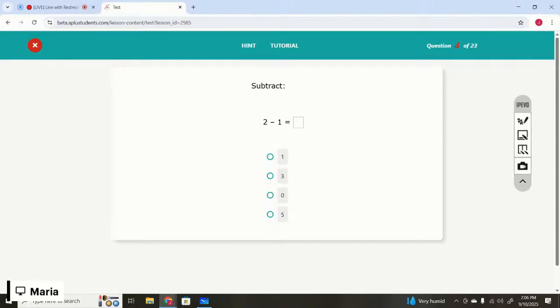So 2 take away 1 means just go back by one digit. So 2 minus 1 is 1. Option number 1 is the correct one.